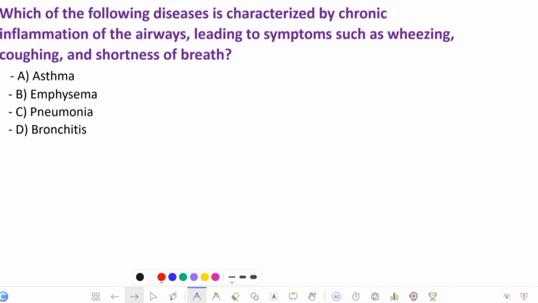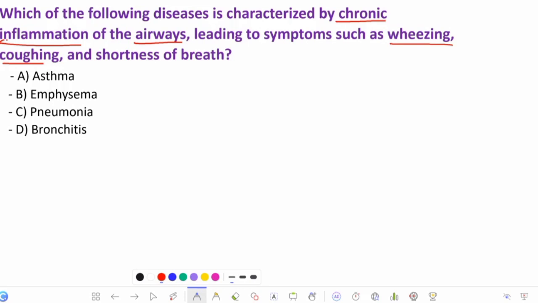Which of the following diseases is characterized by chronic inflammation? One type is acute and the other is chronic. Acute means rapidly occurring, and chronic means prolonged. Inflammation means swelling of the respiratory airways, leading to symptoms such as wheezing, which is a type of sound.